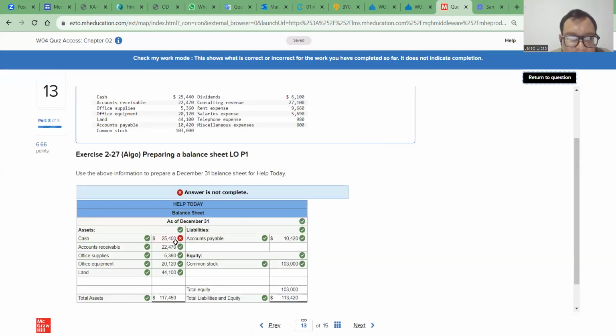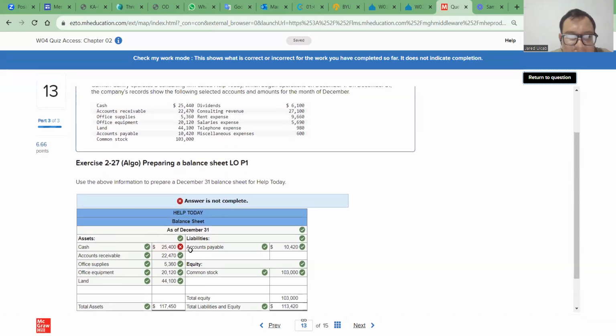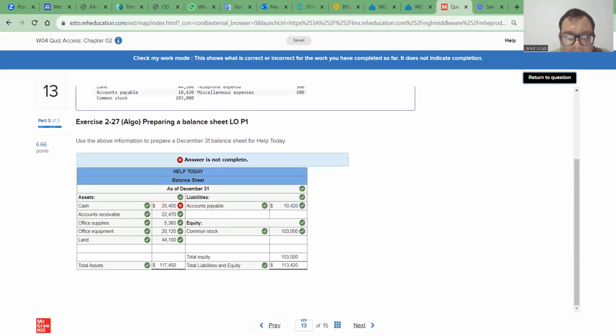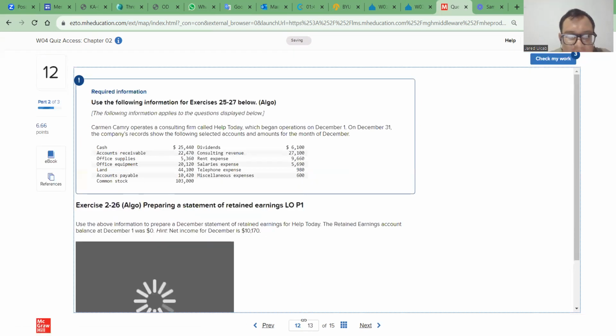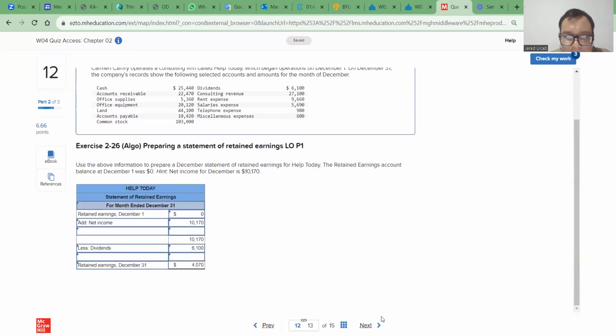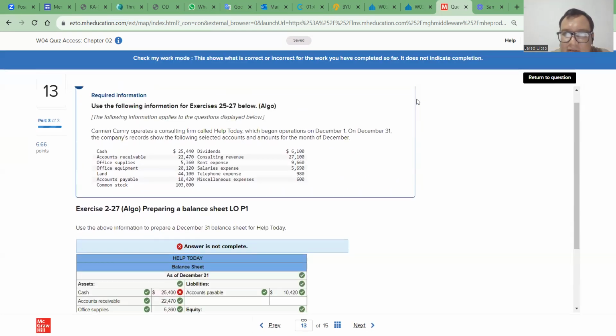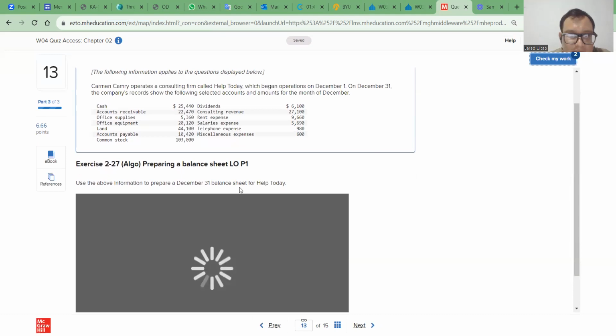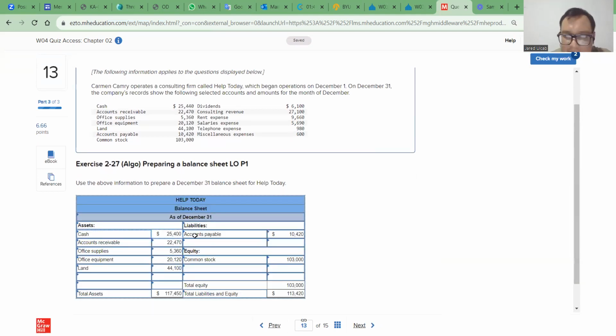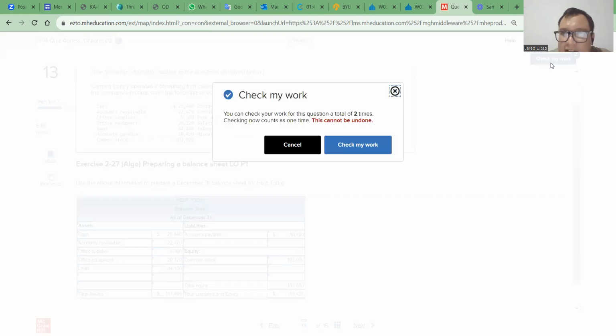And I have an error here in the cash. I did not put the right amount of cash. I missed a 4 there, and I will correct it right now. Okay, that's correct.